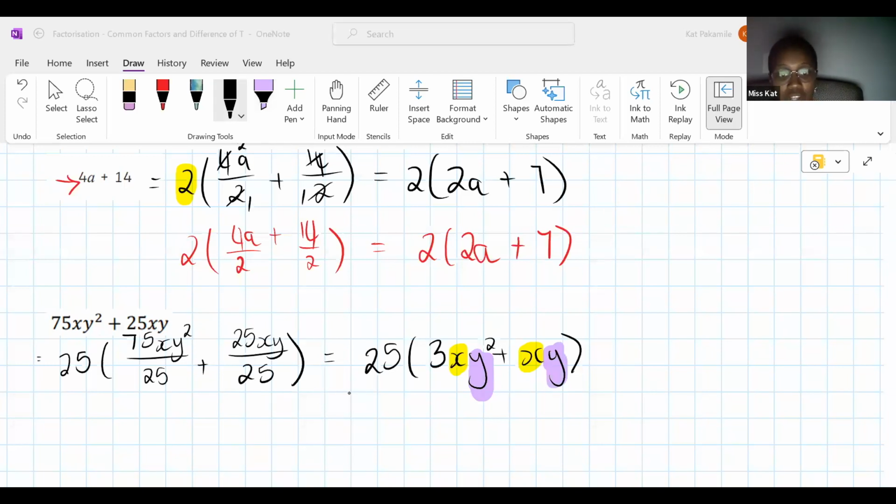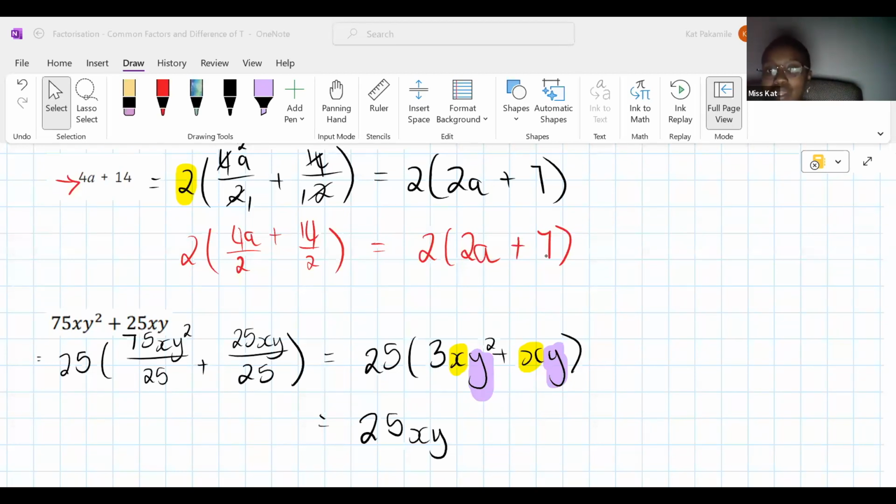Yes, ma'am. So now that we've dealt with the numbers, you leave that 25 there. You said they both have 1x and 1y. Why can I only factor out 1x and 1y? Because that's what they both have, okay? Check here. Here we have 3xy squared, so this one has 2 y's.